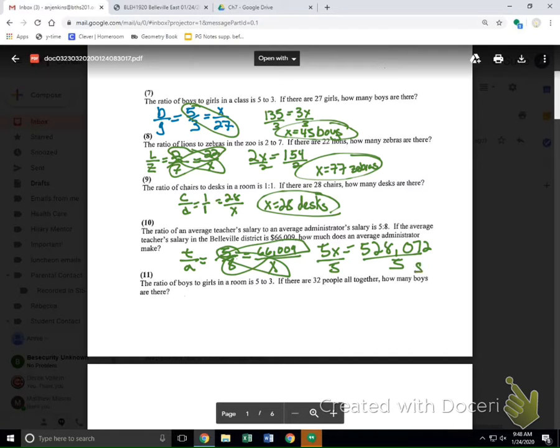How much are they making? I'm going to guess. You're close, but no. 105,614.4. So that's $105,614.40 for the admin salary on this page.